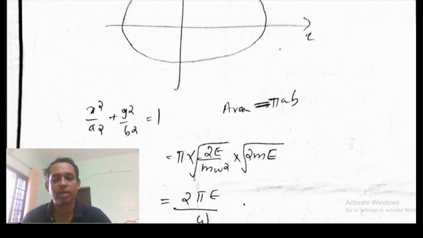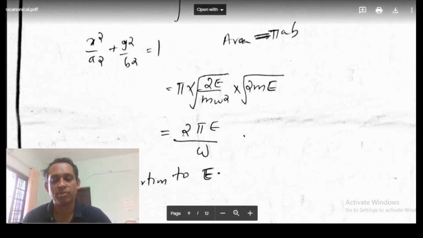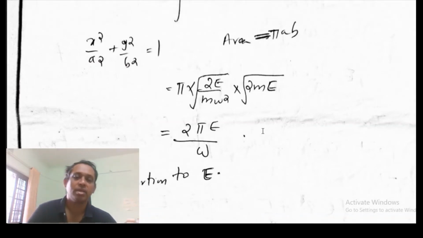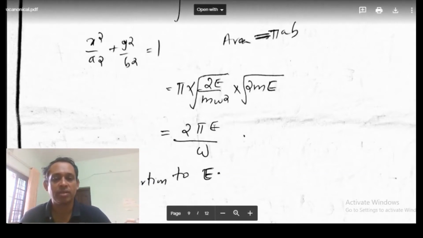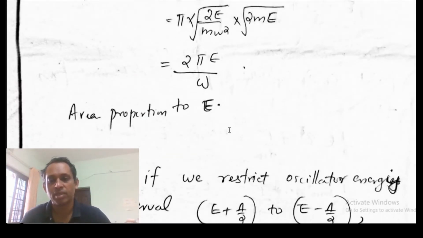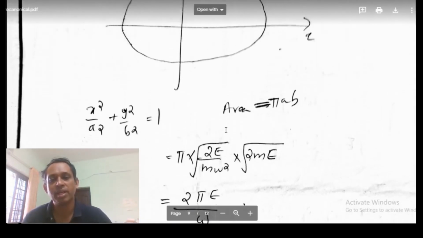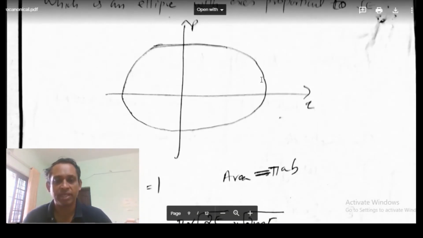So pi root 2E by m omega square into root 2mE. As you multiply, you will get 2 pi E by omega, and this will be the area of this ellipse where this energy is a constant.